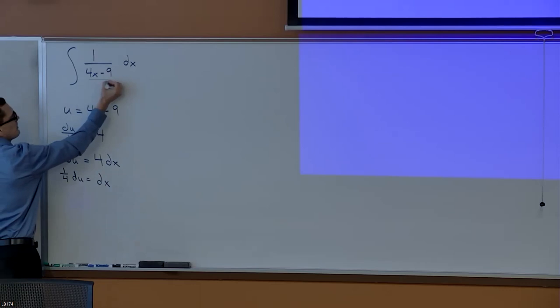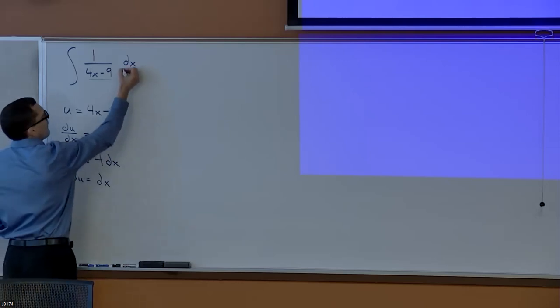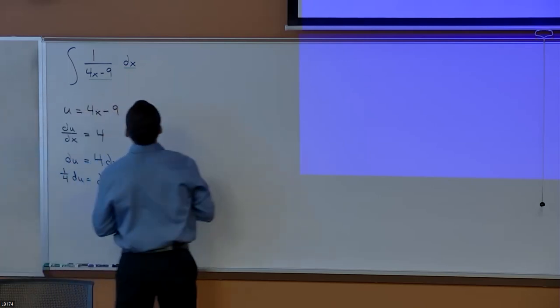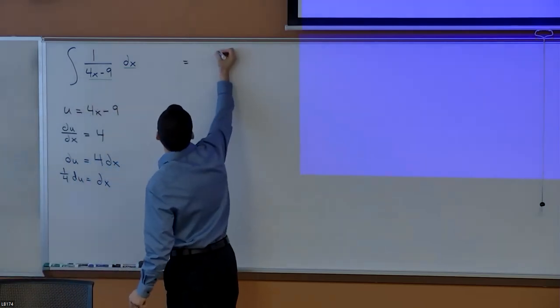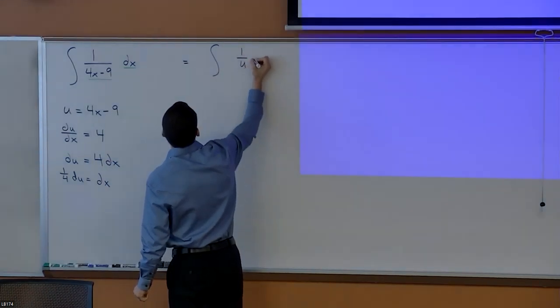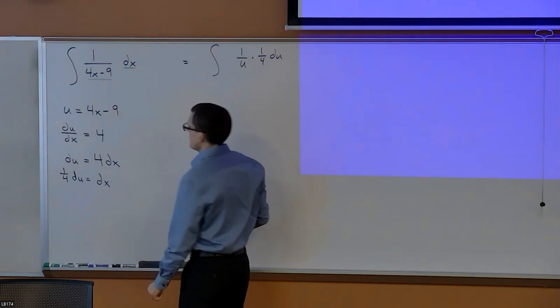So my u is going to substitute out for 4x minus 9. 1/4 du will substitute out for the dx. And I'll get the following. 1 over u times 1/4 du.